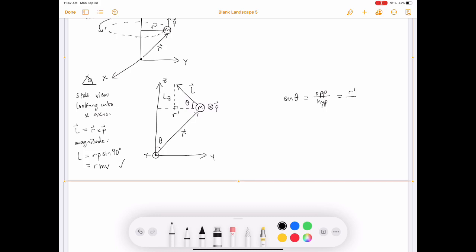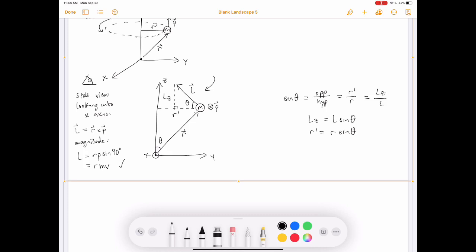The hypotenuse is just r. If I use this triangle over here, then the opposite side is going to be LZ, and the hypotenuse is going to be L, the overall angular momentum. Okay, so I have two results here. One says that LZ is equal to L times sine of theta. The other is that r prime is equal to r times sine of theta.